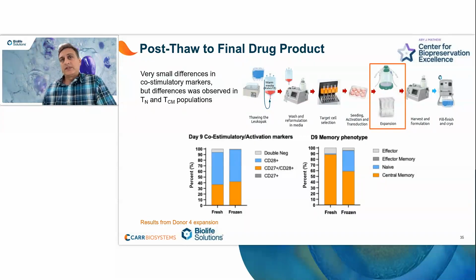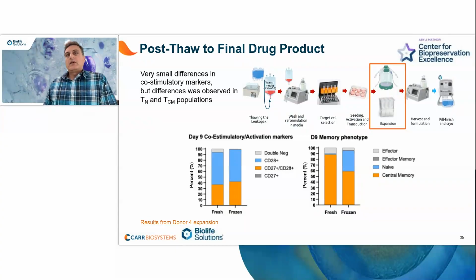One difference that we noticed between fresh and frozen is on the phenotype of the cells. One caveat is this is N of 1 donor, so we'll have additional data from different donors that are coming, and we'll see if that's a trend that consistently shows up in other donors after expansion.